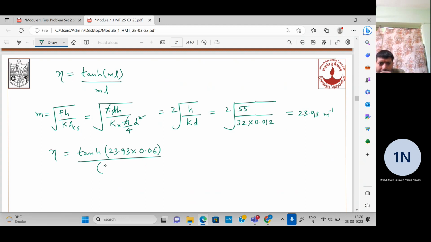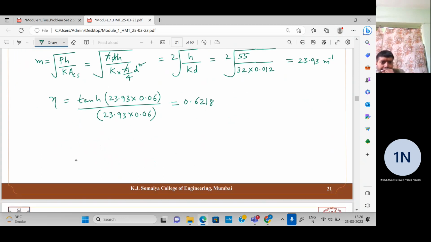Divided by 23.93 into 0.06. Just calculate this. So the calculated value is 0.6218. That means the efficiency value is 62.18%.